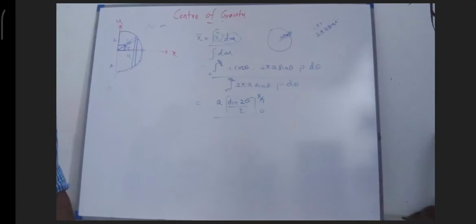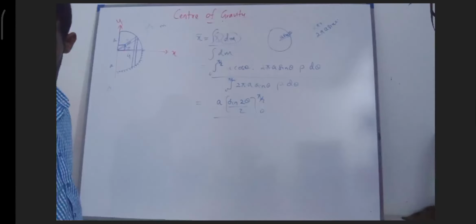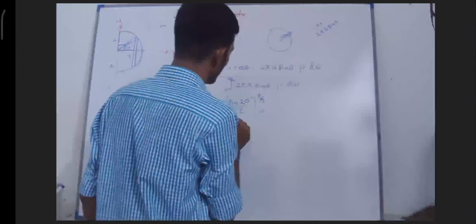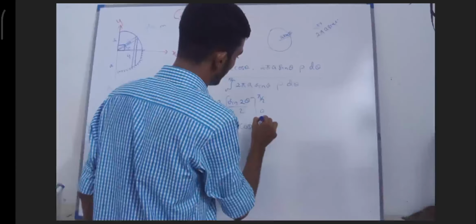So sin theta, because of integration, becomes minus cos theta. Okay, pi by 2 to 0.